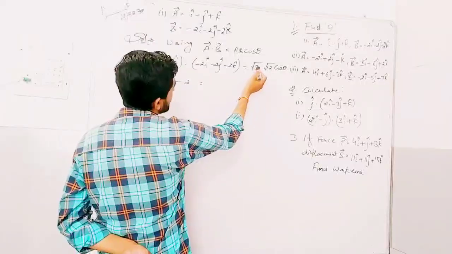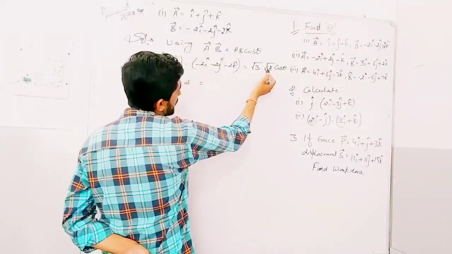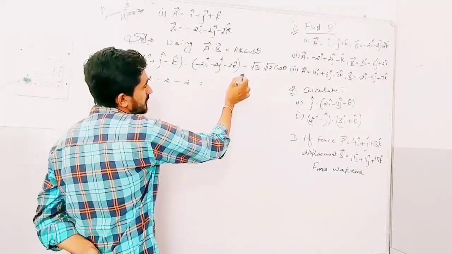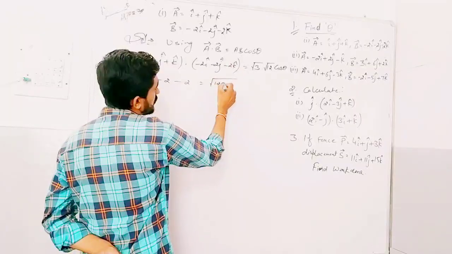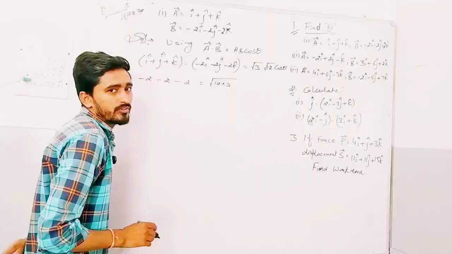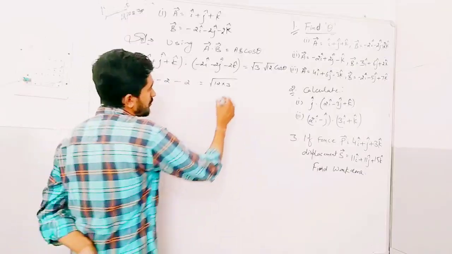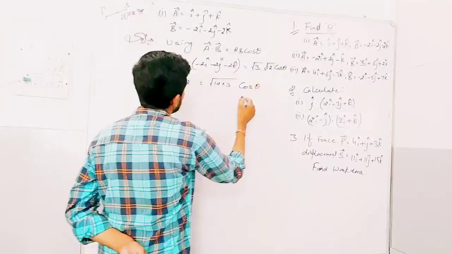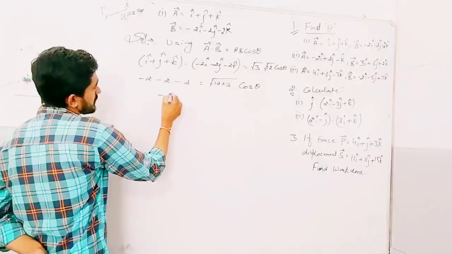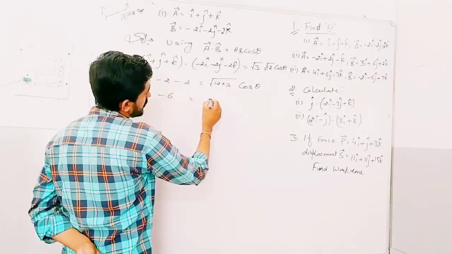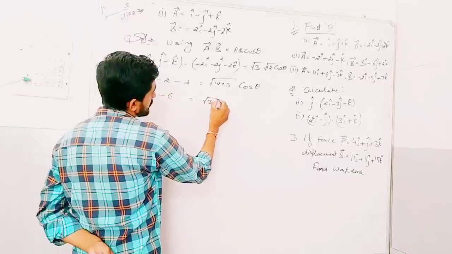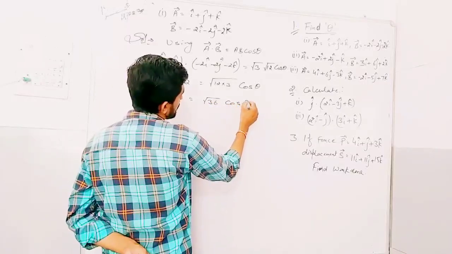This is power 1 by 2 and this is power 1 by 2, and when the power is the same, we can take it as common. So we can write it as 12 into 3, cos theta. Then here we have minus 6, and the root of 36 gives 6 cos theta.